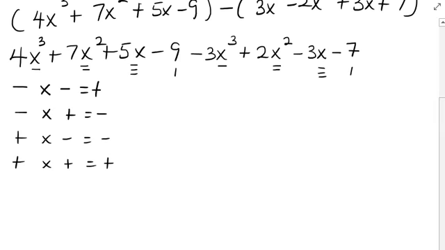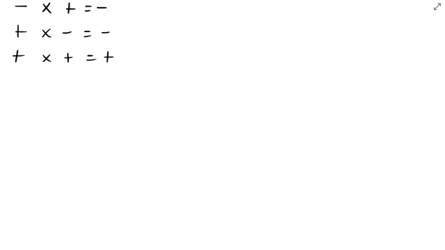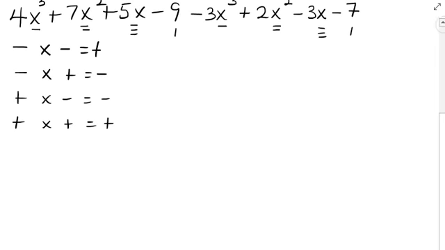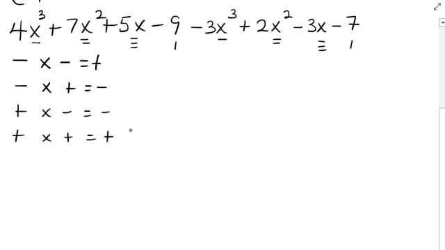Okay, so grouping them together will be 4x cubed, then minus 3x cubed. Don't forget the sign in front of the term, in front of the number.